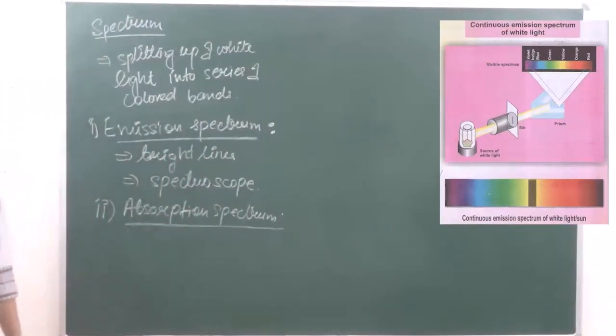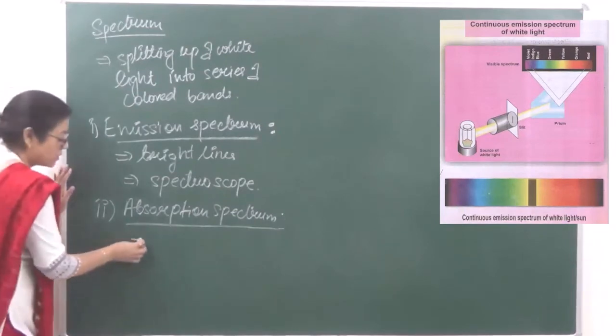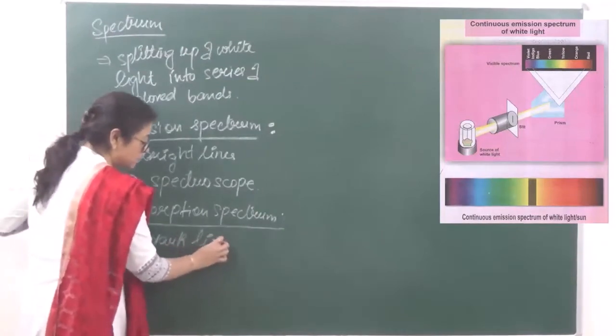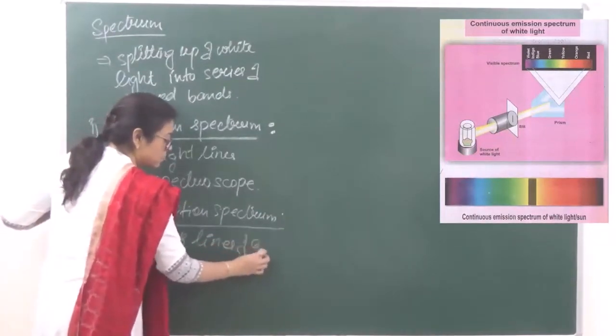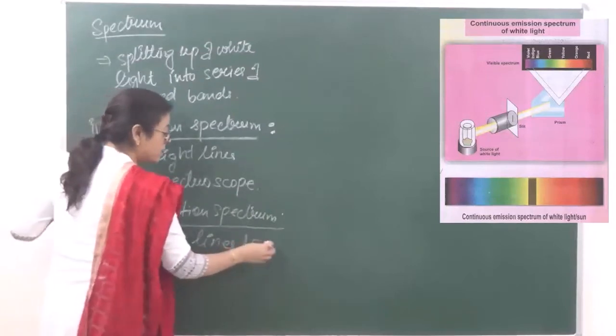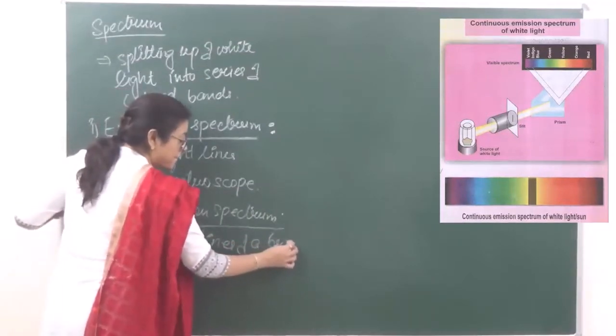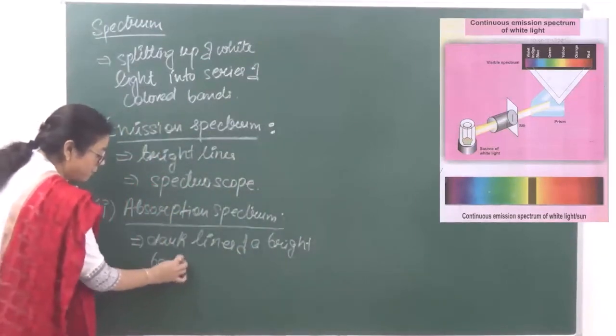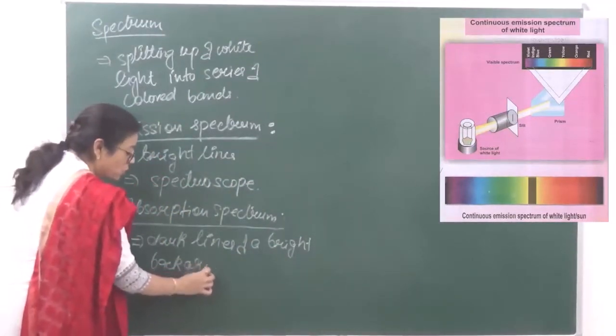Okay, so in absorption spectrum we say that it gives dark lines on a bright background. So this is the difference between the two.